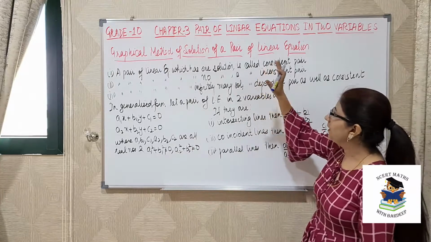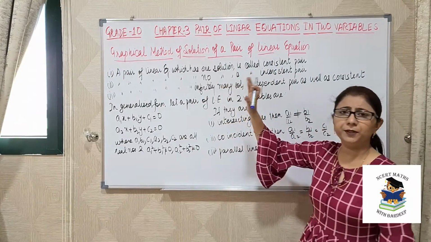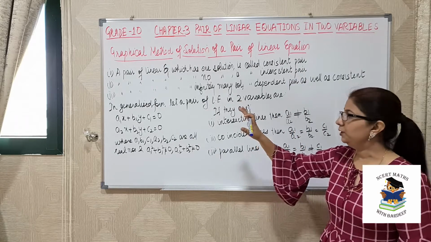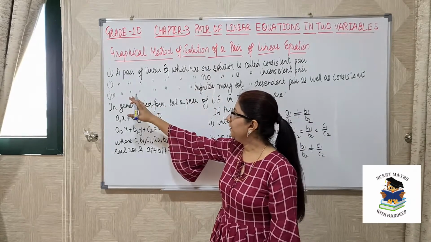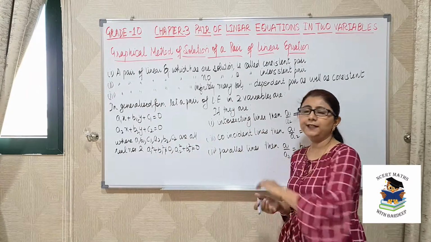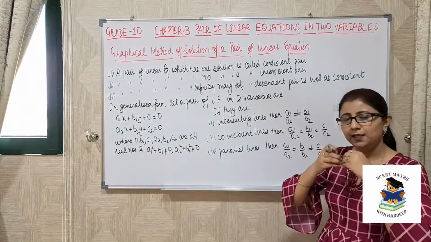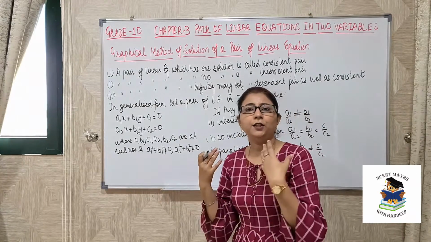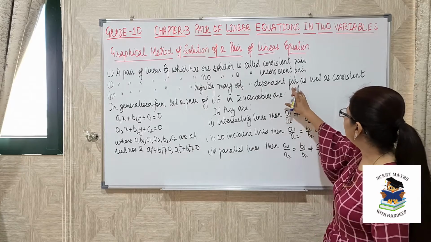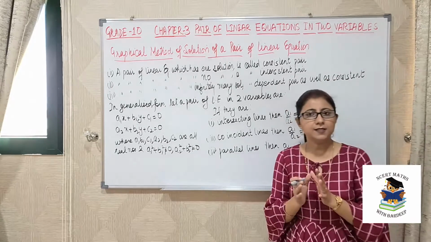Then that particular pair is referred to as an inconsistent pair of linear equations. And the third category is if the pair of linear equations has infinitely many solutions, that means they are coincident lines, then that pair will be referred to as a dependent pair as well as a consistent pair.